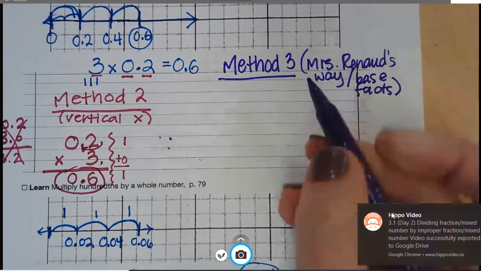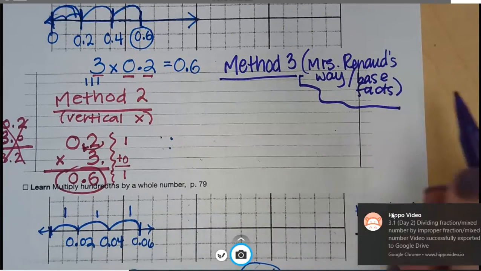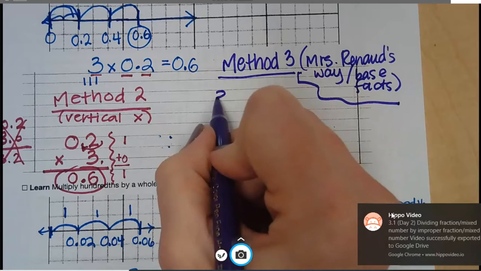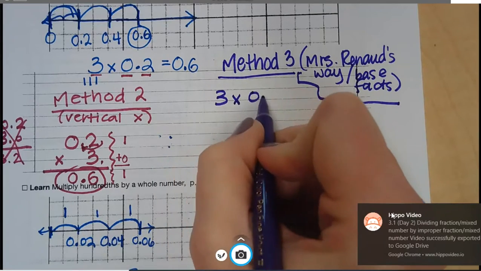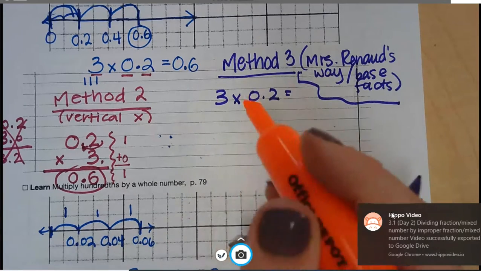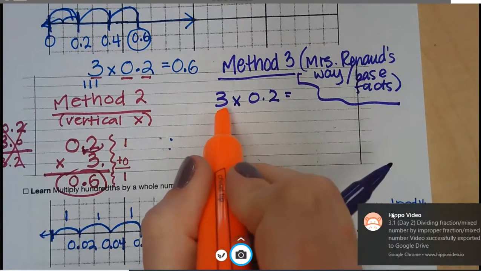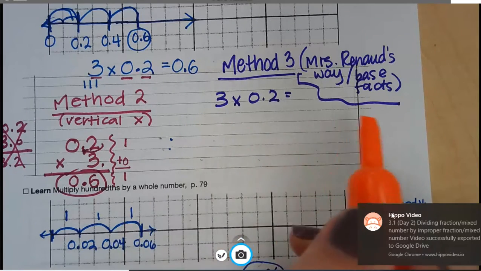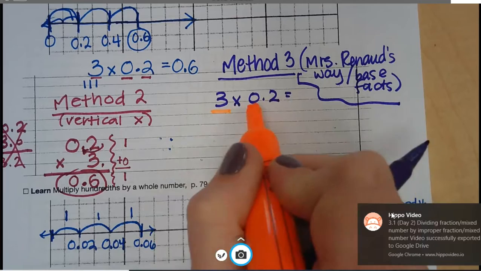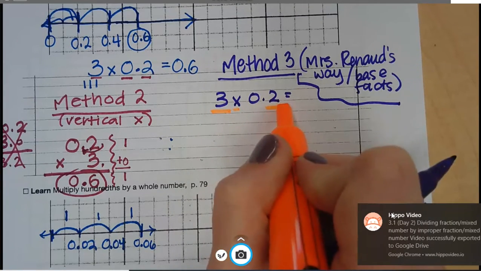If I have 3 times 2/10, I need to find what that equals. My guess is that if you find a base fact, which is what fact do I know that equals something else I know, you can see that 3 times 2 should equal something that you know. So what does 3 times 2 equal? You should tell me it equals 6, hope.